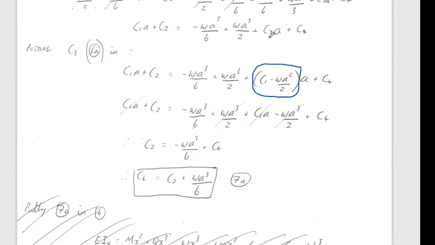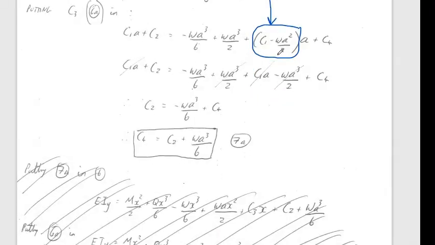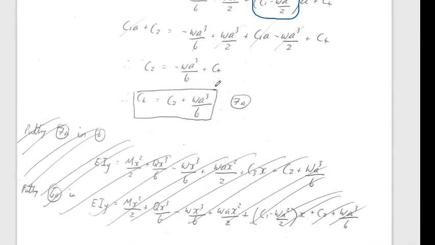So we've plugged that into there, look. So we've put C3 in there, so we've got rid of C3. We've got it in terms of C1. Again, we'll simplify that as much as we can, and we end up with this equation here. We've now got C4 in terms of C2.